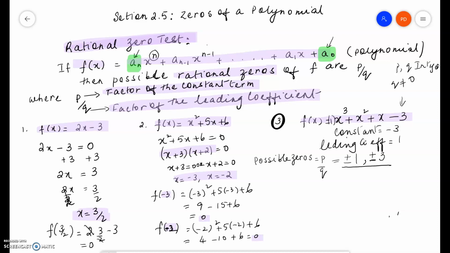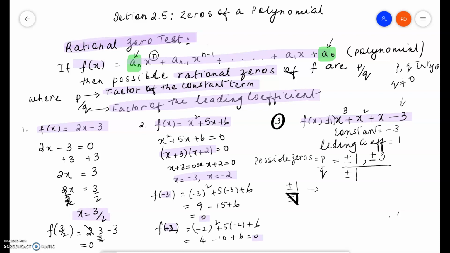Now q is a factor of the leading coefficient. In this case, our leading coefficient is 1, and the only factors of the leading coefficient 1 are plus or minus 1. So now we look at all possible zeros: plus or minus 1 divided by plus or minus 1.